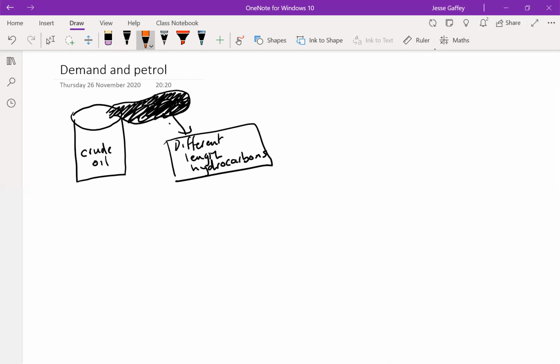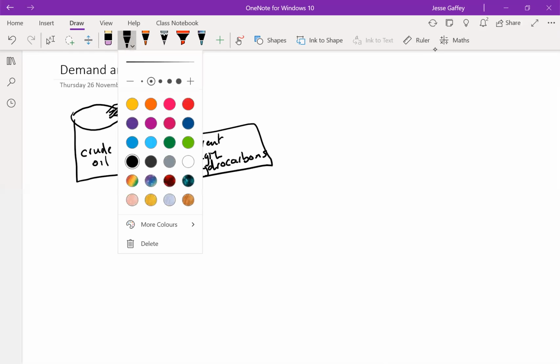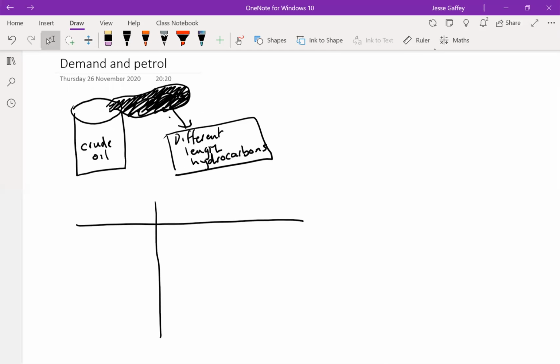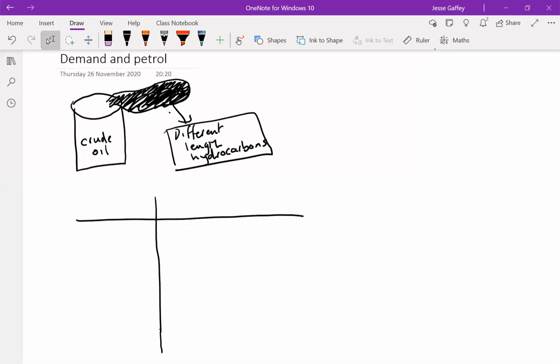I'm going to draw a graph now to show the supply and demand of the different fractions of crude oil. The y-axis is going to show the different fractions of the crude oil.